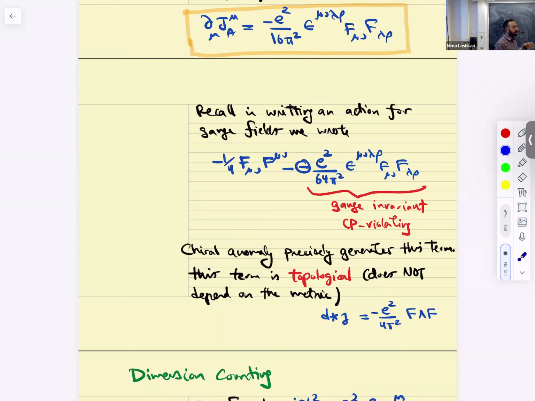Why is that? Because locally, every arbitrary curved smooth background looks like flat space. Here, what we mean is that its response to the metric is zero. It doesn't change with the metric. So the form of it is E dot B in flat space, indeed, but if you introduce some background metric, some curvature, it won't change.